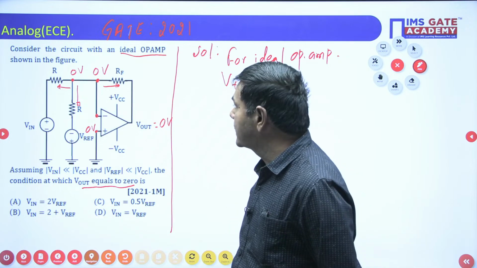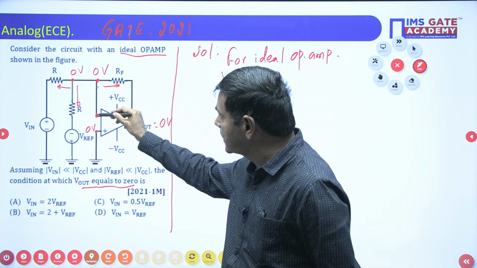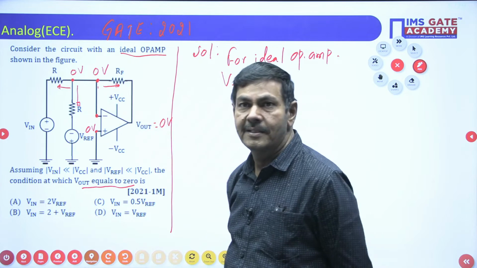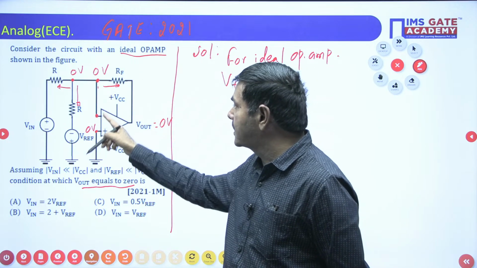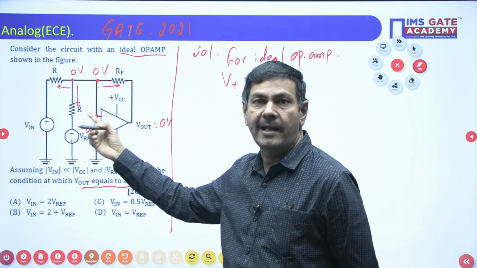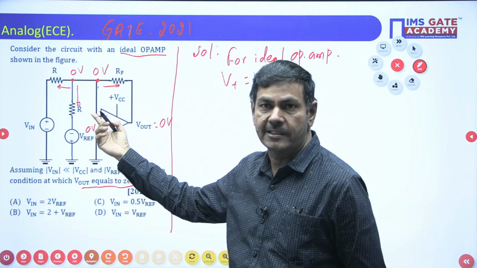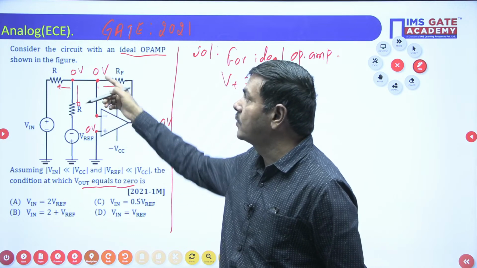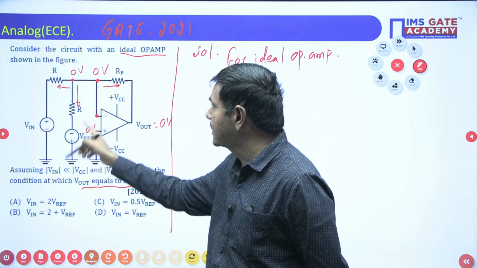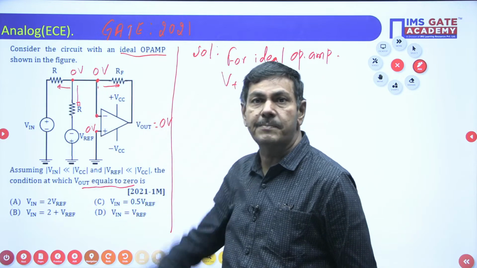The current through this negative terminal is 0 amperes. The reason you know very well: for an ideal op-amp, the input impedance is very high, that is, infinite. Infinite resistance means current is approximately 0. That's why this current and this current and this current equal 0 as per nodal analysis.